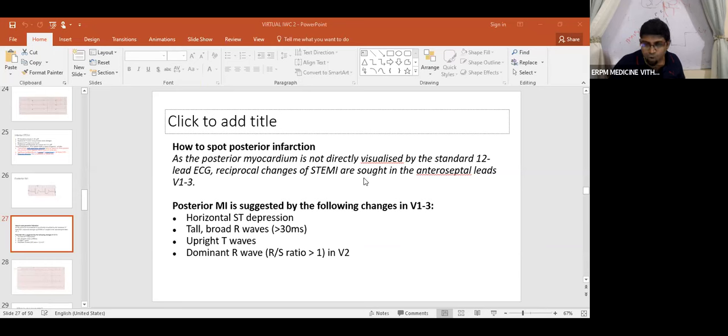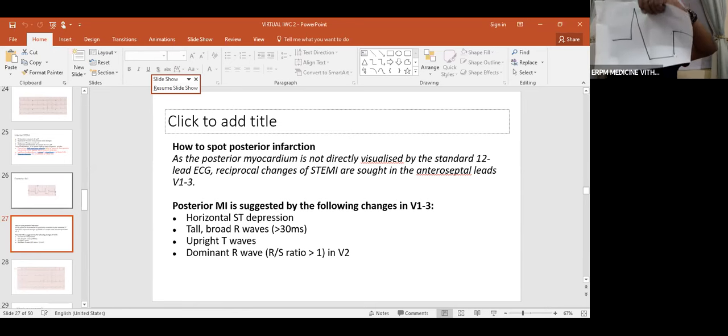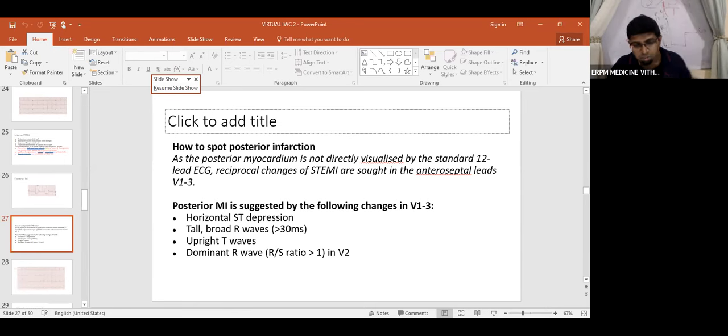What are the reciprocal changes? Horizontal ST depression, tall R wave, upright T wave, and dominant R wave.